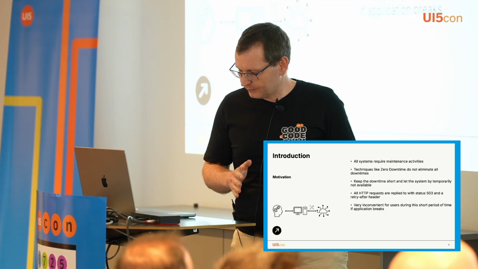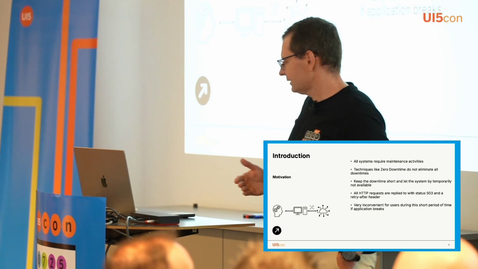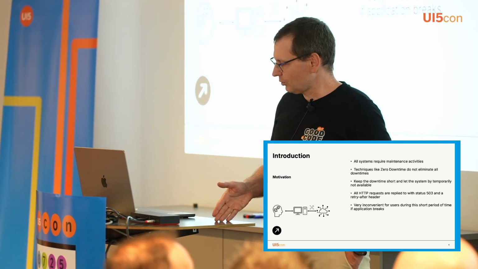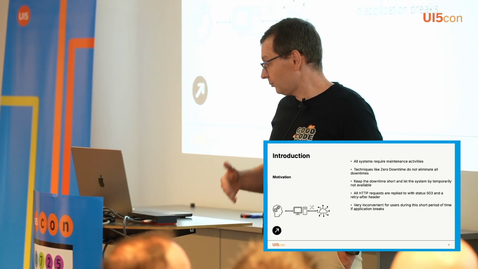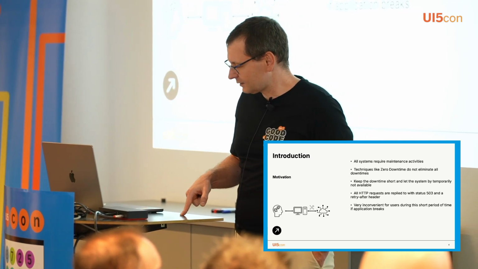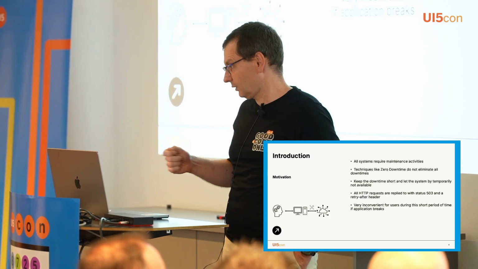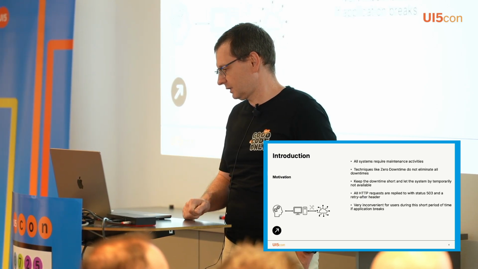The idea, and not our idea, we were just doing this on the UI5 side, is to keep the downtime short, let the system be temporarily not available, and this means that all HTTP requests will be replied to with status 503, temporarily not available, and a retry after header.